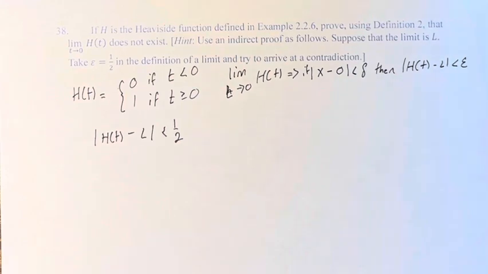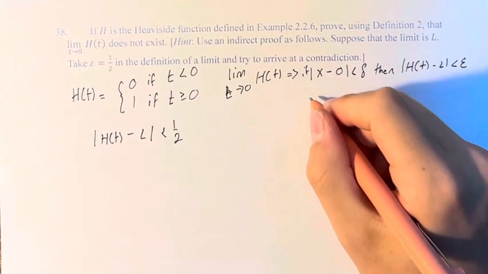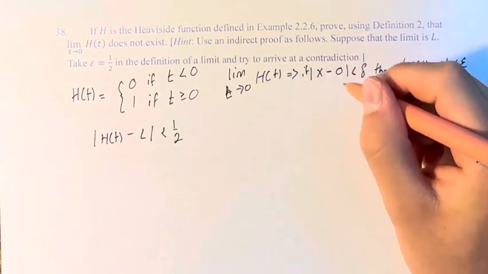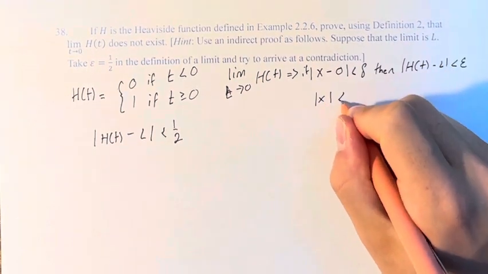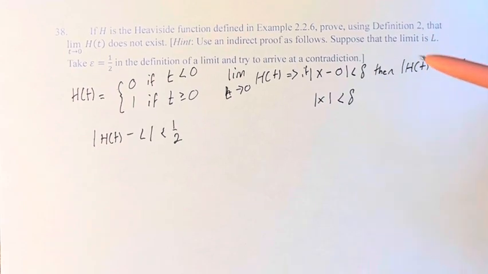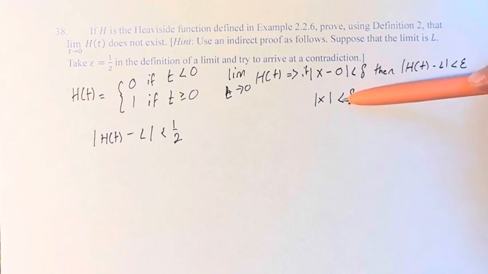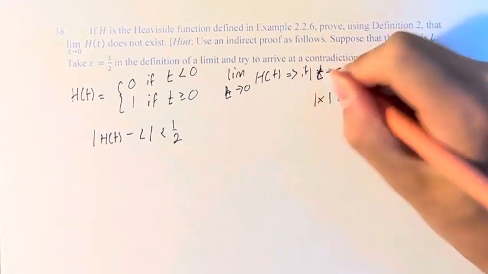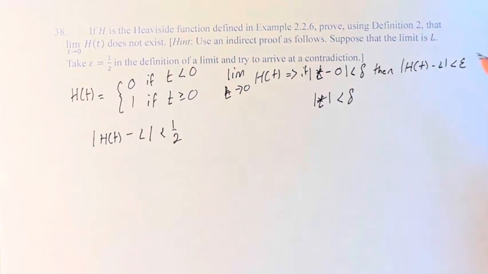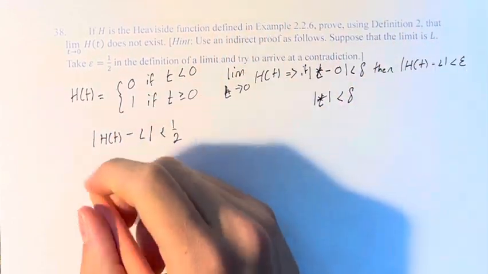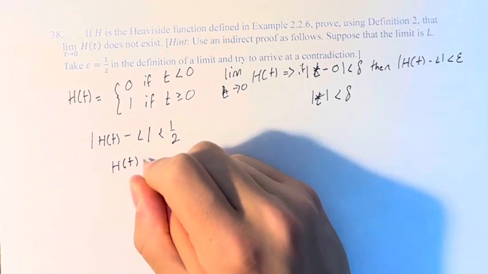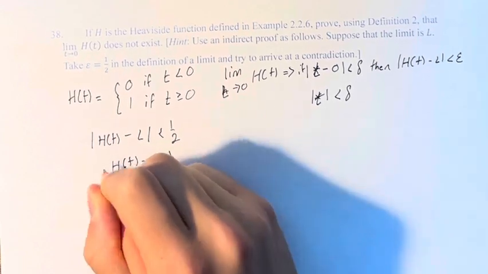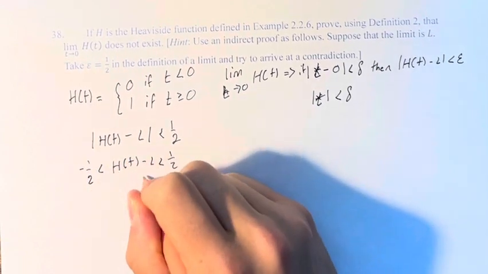Therefore, we are saying that for the absolute value of t being less than delta, for some distance delta away from 0, there is a value of h of t such that h of t minus L is less than 1/2 and greater than negative 1/2.